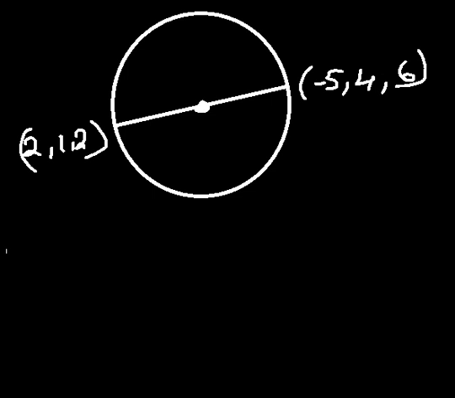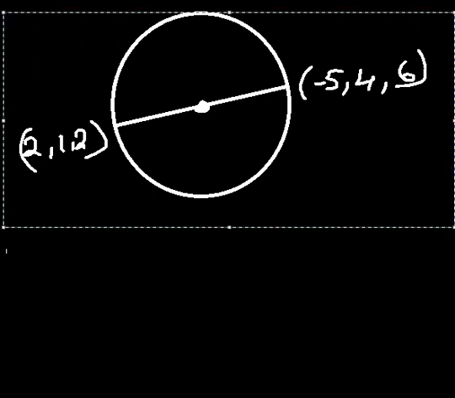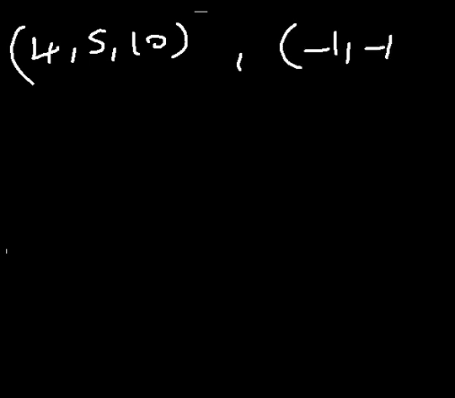You should just try that one. And also, what if we have the endpoints of the diameter given as, let's say, (4, 5, 10) and (-1, -1, -1)? Find the equation of a sphere if these are the endpoints of the diameter using the same principle. And also, you have to try this one.